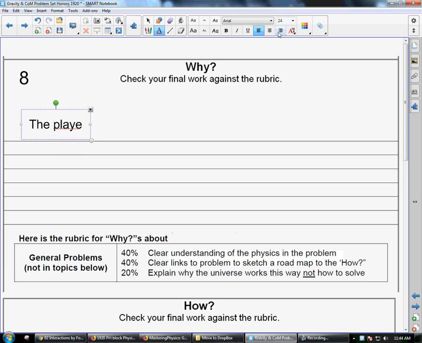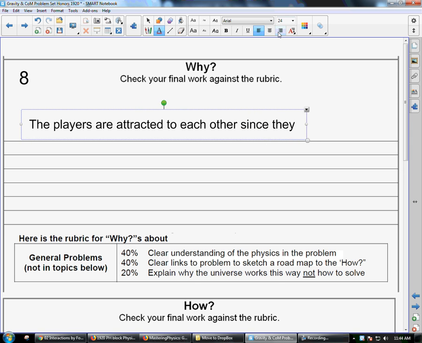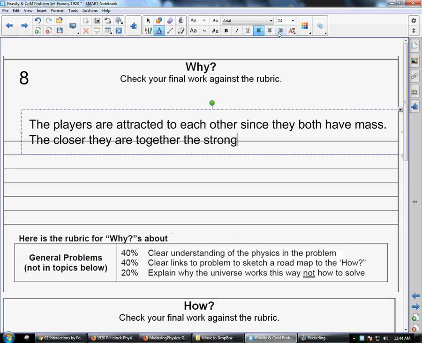The players are attracted to each other since they both have mass. The closer they are together, the stronger the force, by an inverse square law.